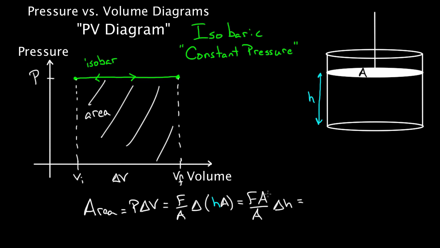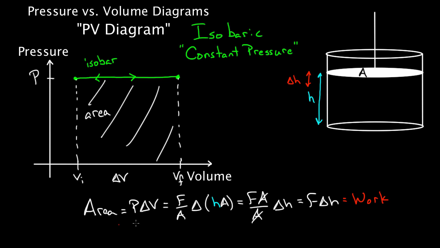Well, the A's cancel, and I get F times the change in the height. But look, this is just force times the distance by which this height changes. So delta H will be the amount by which this piston goes up or down, and we know force times the distance by which you apply that force is just the work.